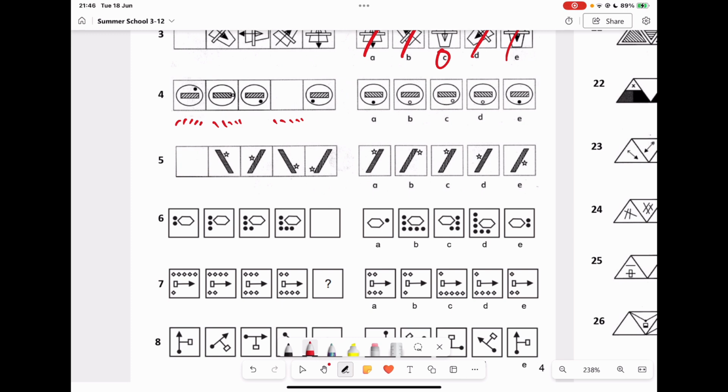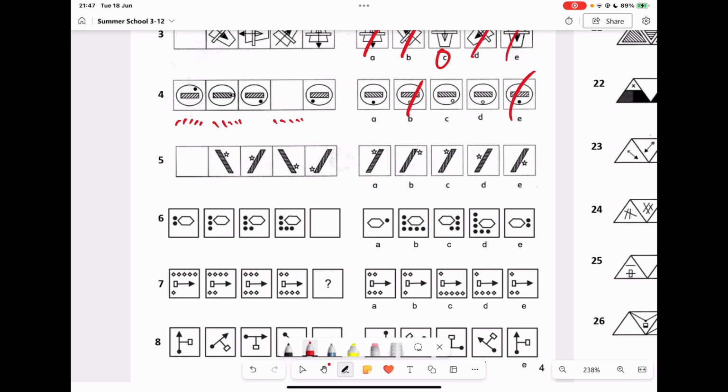So given that, we know that the answer will not be B or E.